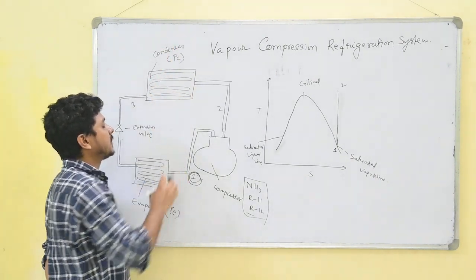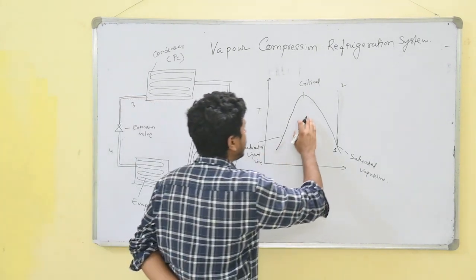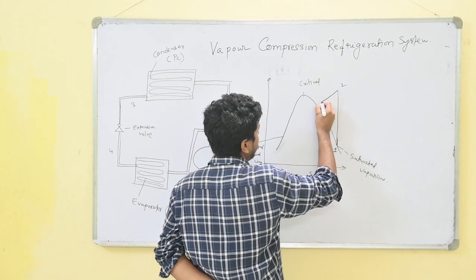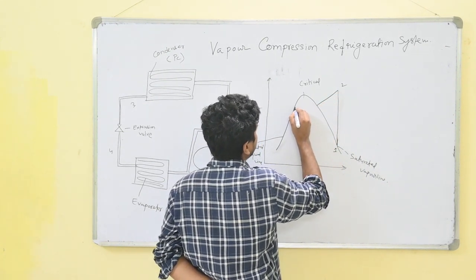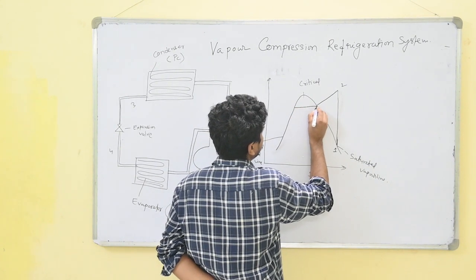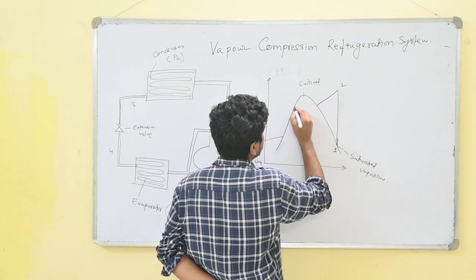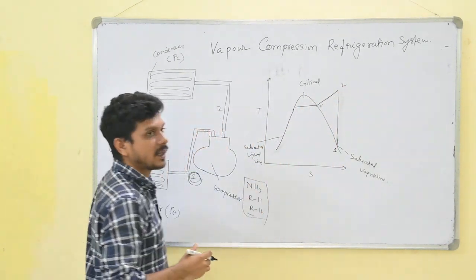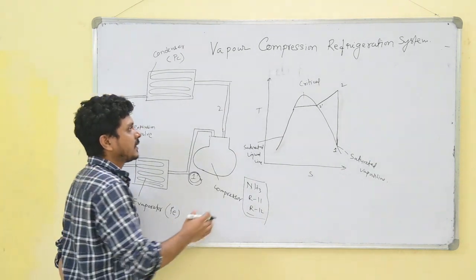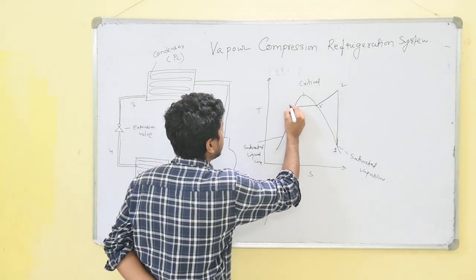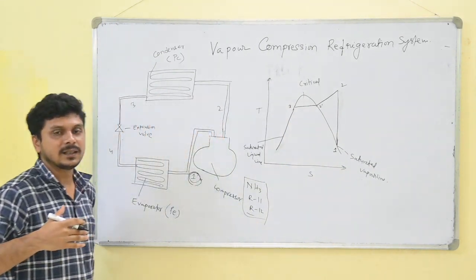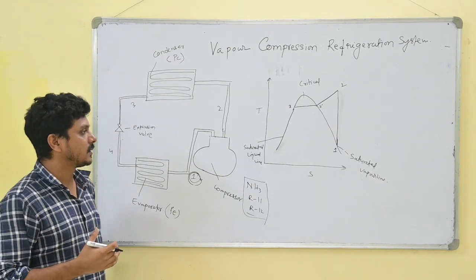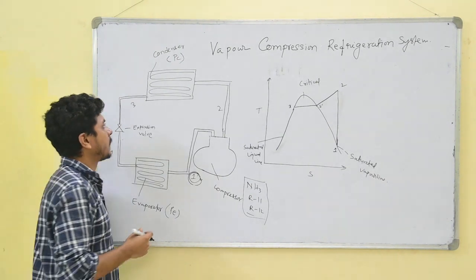That's why the temperature gradually falls, and the compressed vapor is converted into saturated liquid. At first, from 2 to 2 dash, it rejects the sensible heat of the refrigerant.